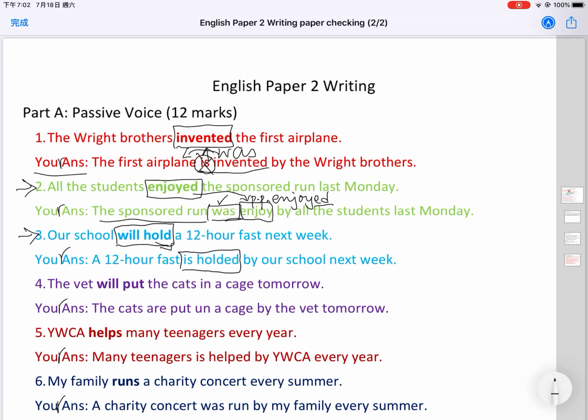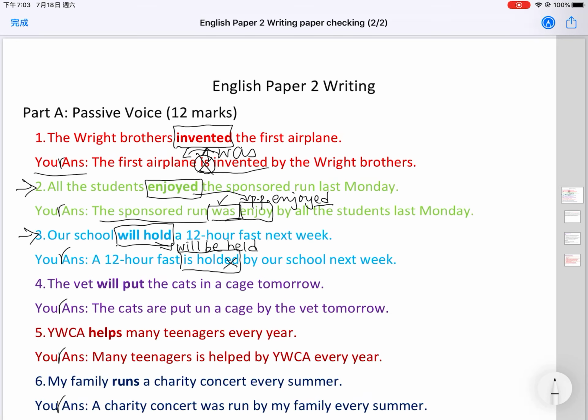Now, first of all, it should be future tense, right? For the future tense passive voice, we use will be, plus the past participle of hold. Do you recall the past participle of hold? Let's rehearse. Hold, held, held. So it should be held, but we don't have holded.